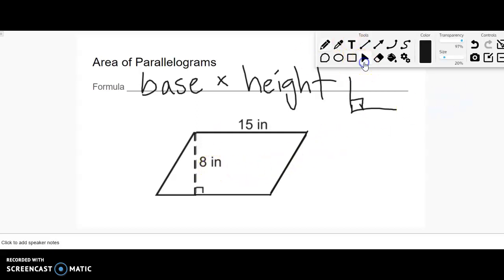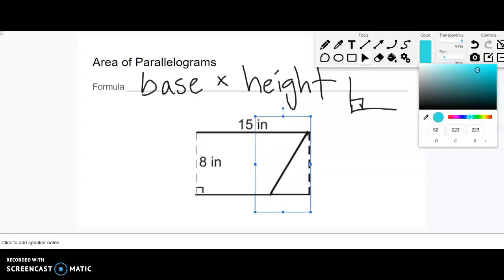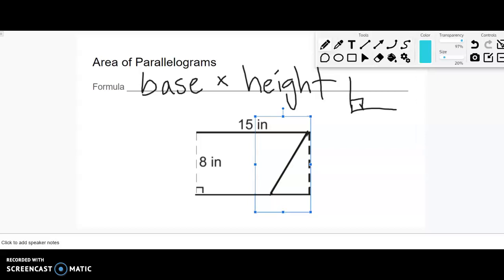Now, bear with me. It looks a little funny, but if I take this triangle part of the parallelogram and I move it over to right there, what shape do I have now? What shape is this? Well, it's a rectangle, right? And what do we know about the area of rectangles?